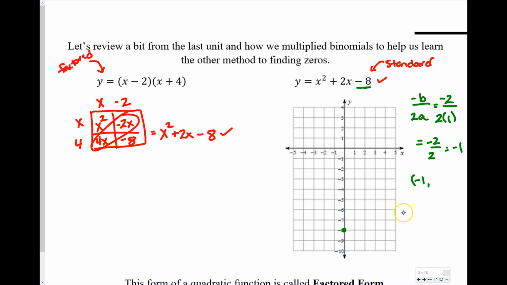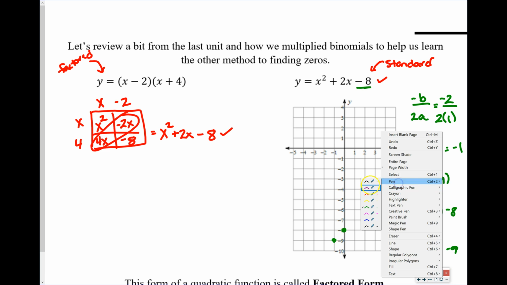And then when I plug that back in, I get 1 minus 2 minus 8. So I get negative 1 minus 8 to give me a negative 9. So I have my vertex at (negative 1, negative 9). So I can get those 2 points from standard form.